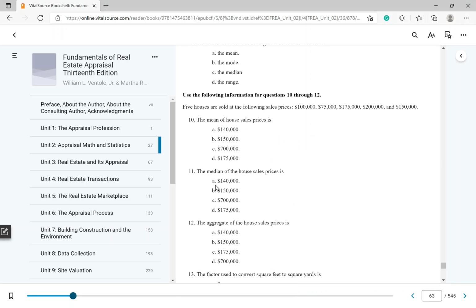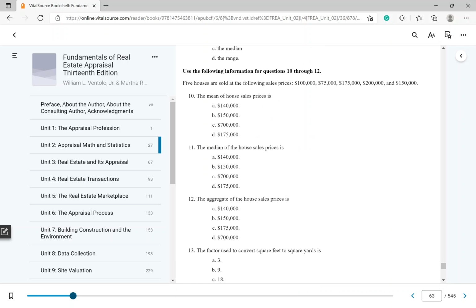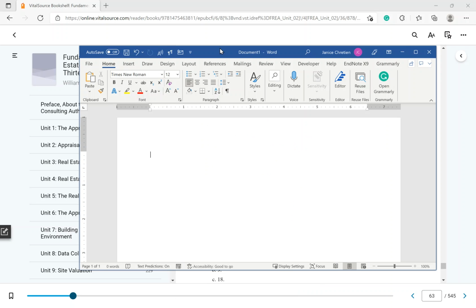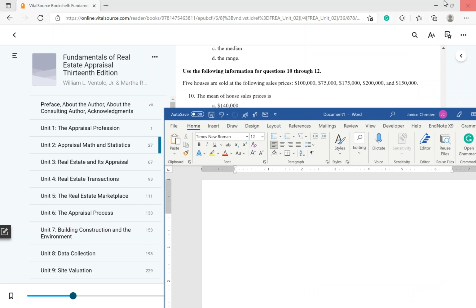The median of a house is where you take the middle. And so let's do that on here. What I need to do is put these in order first. So the smallest is 75.